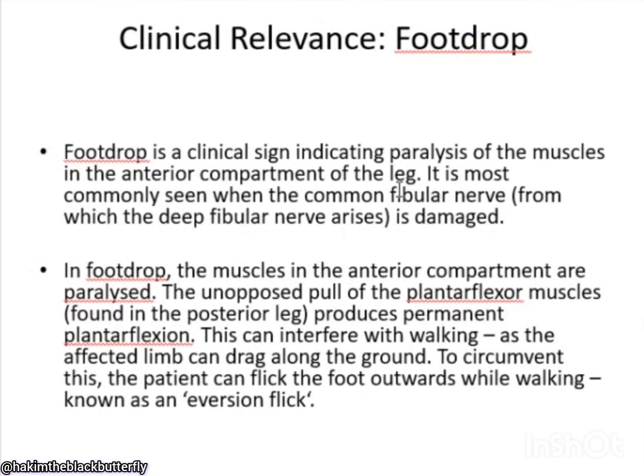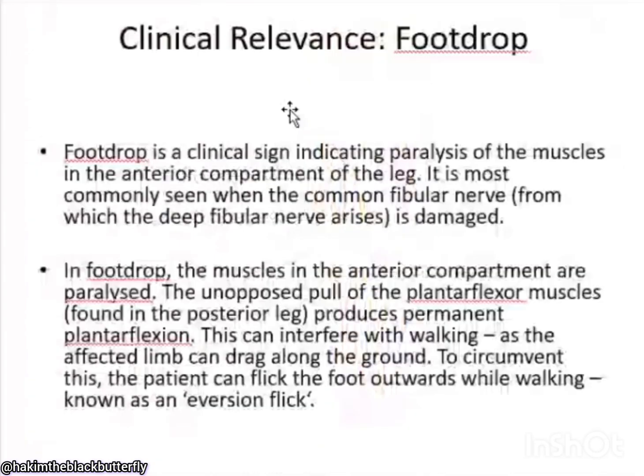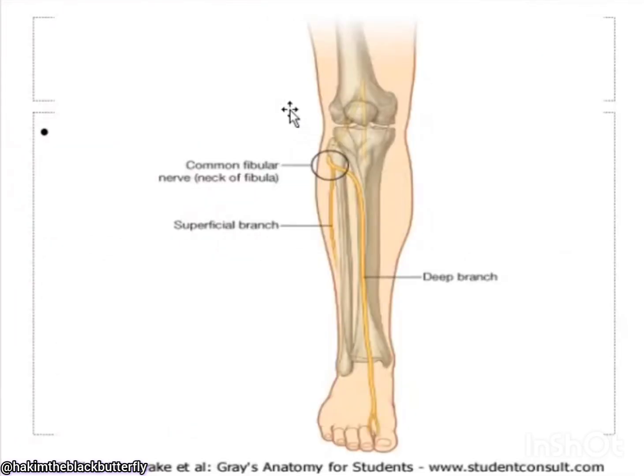So you cannot dorsiflex. So the plantar flexors are going to pull the foot downwards to plantar flex. And when the foot drops, we call that condition foot drop, because you cannot dorsiflex due to injury of the tibialis anterior muscle.